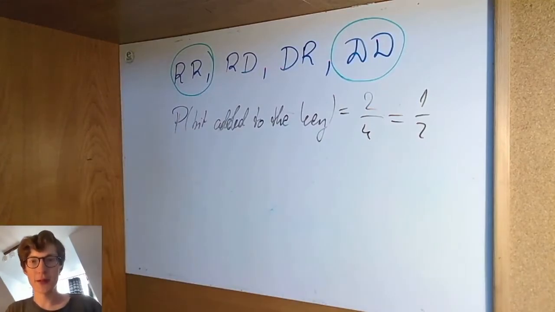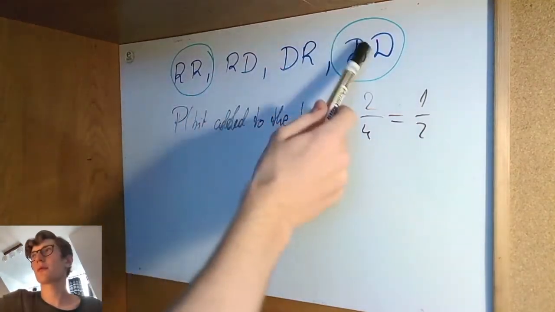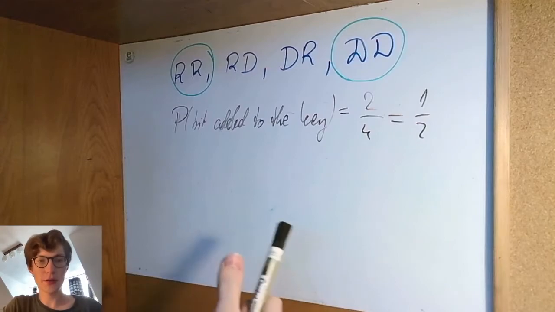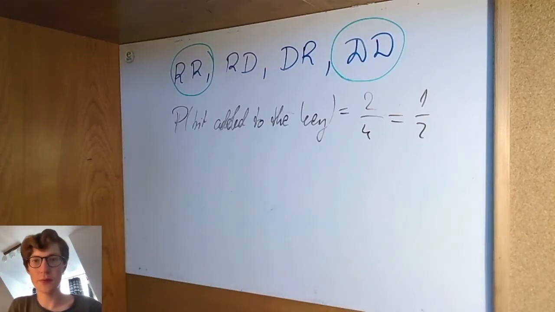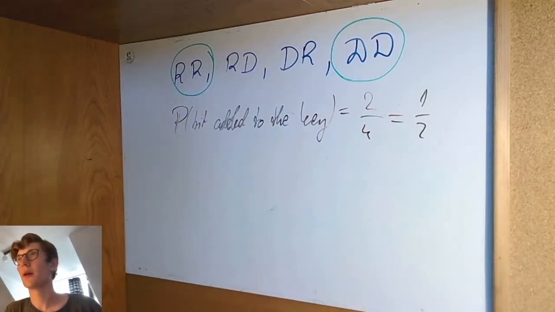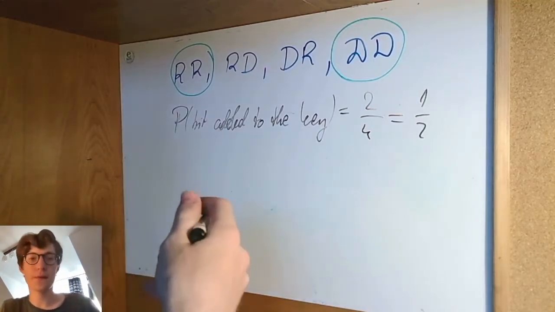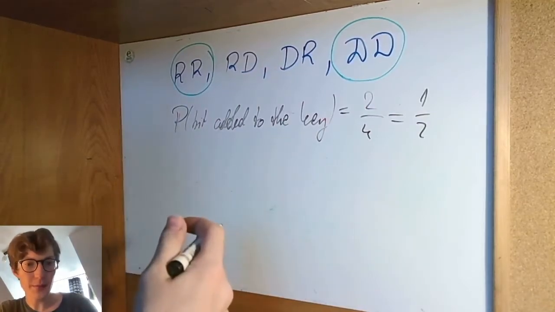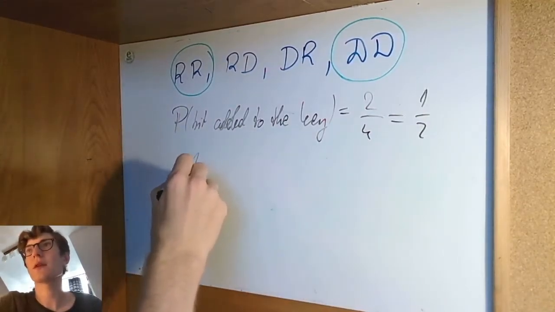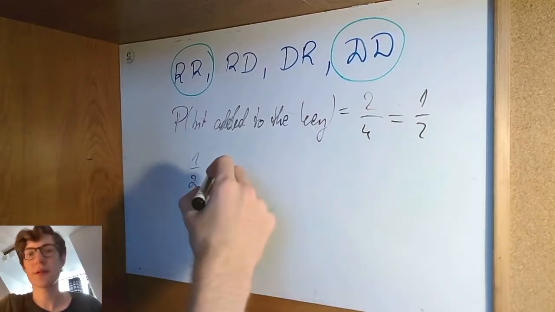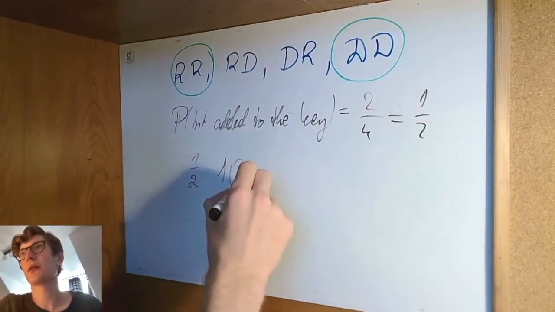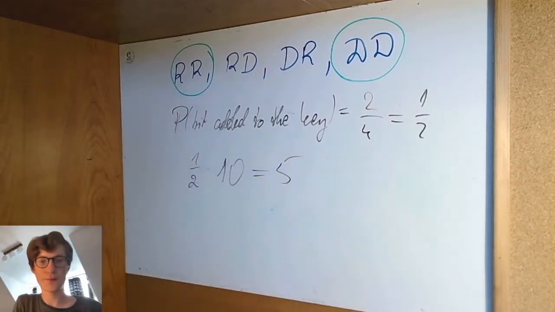Because these are two possibilities out of 4, all of them equally probable, so we can just write it with this formula. And what is the expected number of those bits? Well, if they measured 10 times, then the expected number of bits in the key is just 1/2 times 10, which is 5, right?